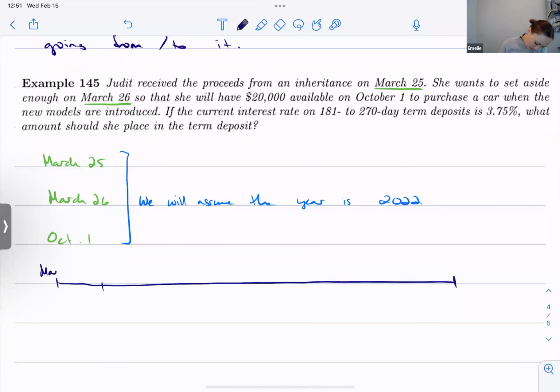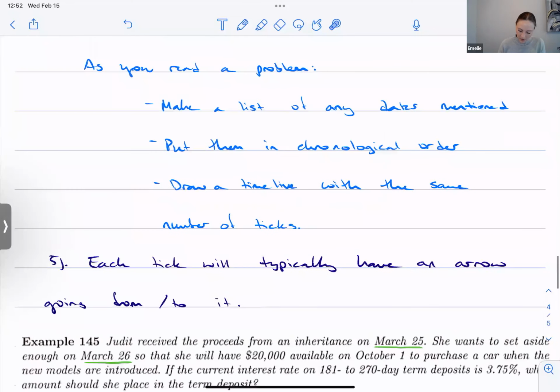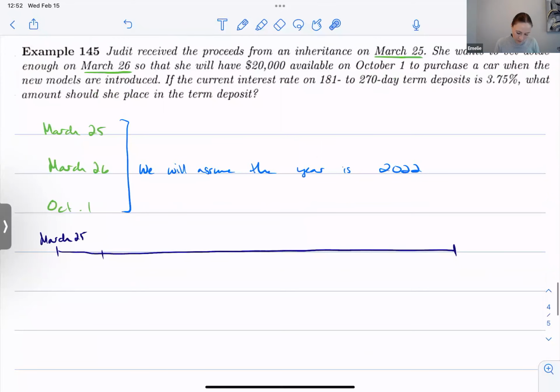These were already in order, because remember, make a list of any dates mentioned. So that's what we did. Put them in chronological order. That's done. Then draw a timeline with the same number of ticks. That's what we're about to do. Then we're going to put the dates on top here: March 25th, March 26th, and October 1st.